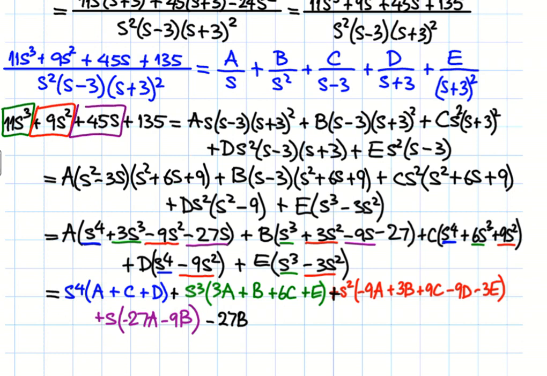And the only thing left is 135 equal to negative 27b, which I don't need to put in the box. So we have the system of equations. The one in blue here is of course equal to 0, because we do not have s to the fourth on the other side. Let me check this one more time before we move on.